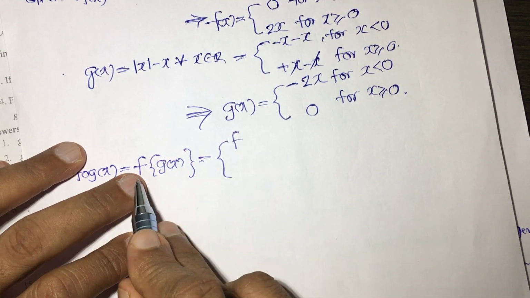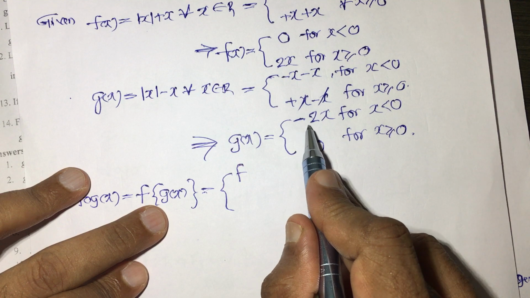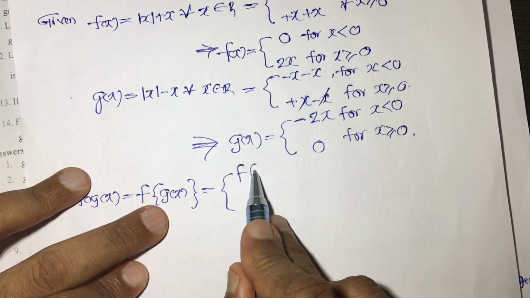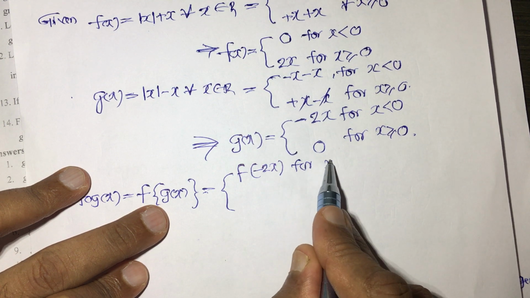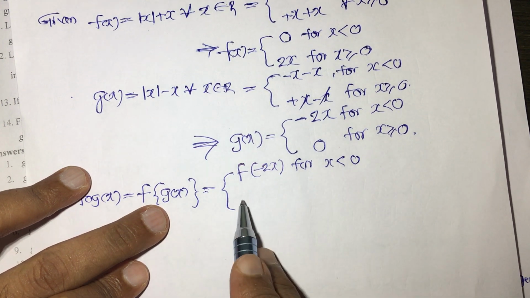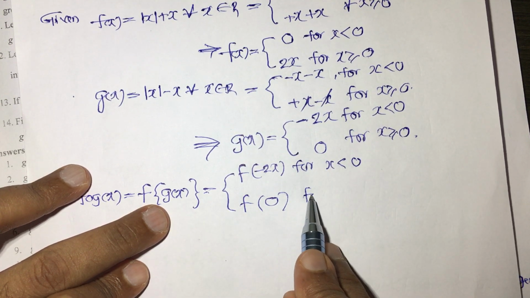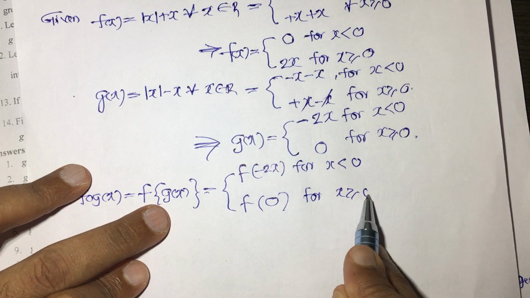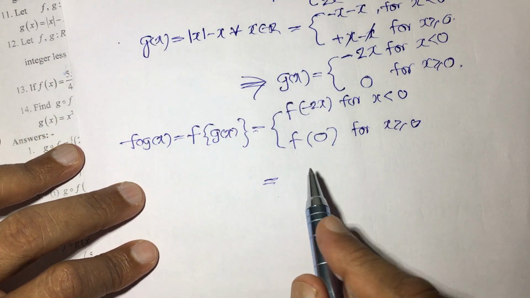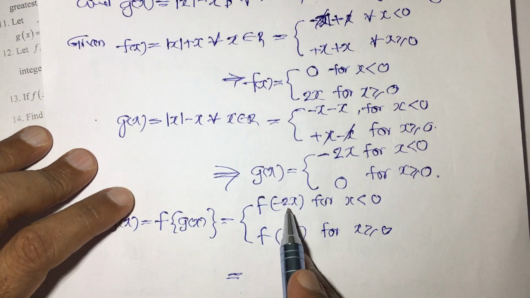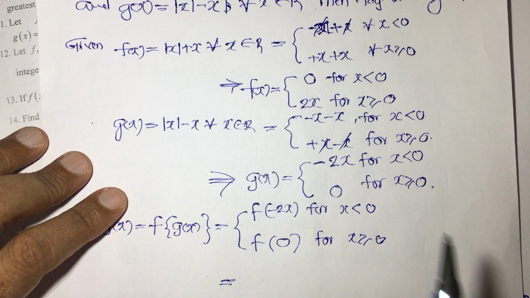I put the value of g of x here, which is minus 2x for x less than 0, and 0 for x greater than or equal to 0. This equals f of minus 2x when x is negative.